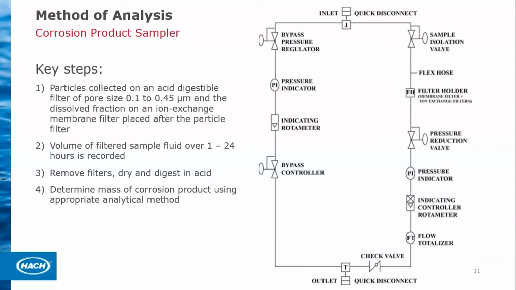Basically, we're collecting particles on a filter pad, typically anywhere from a 0.1 to a 0.45 micron. And then further, it can also account for the dissolved fraction. And that's important, and we'll have more to say about that later. As Barry mentioned, if we're only measuring dissolved, we're missing the big picture. So in any kind of test that we do, we need to be looking at dissolved and particulates.